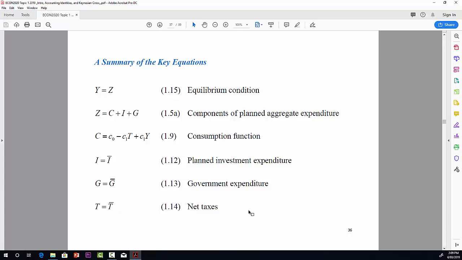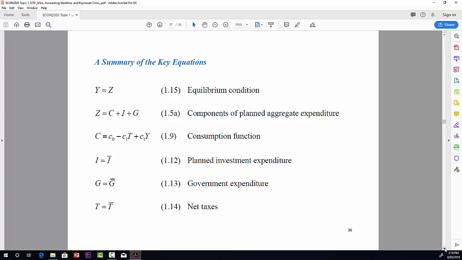Well, before we get into it, let me just give you the method. We always start with the equilibrium condition. Then we substitute Z into the equilibrium condition, so we get rid of Z, and we'll end up with Y is equal to C plus I plus G. Then we're going to be substituting in our different theories: the theory for C, the theory for I, and the theory for G. We'll also need a theory of taxes, because that's a component of consumption.